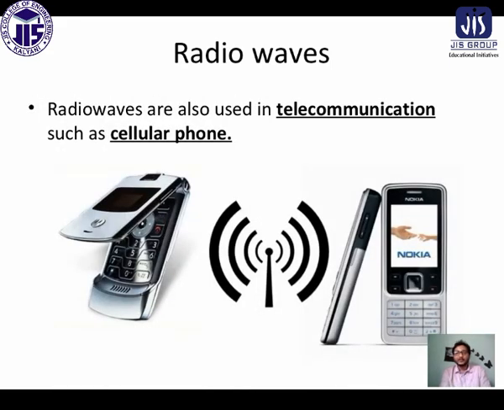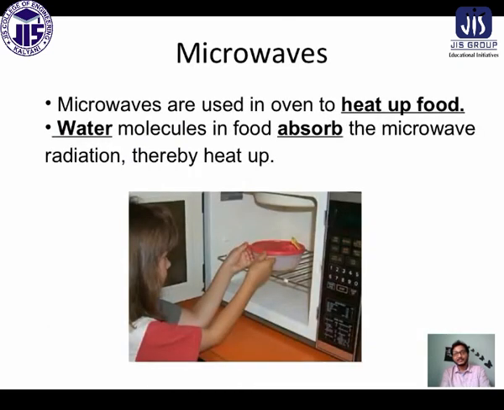Similarly, we are very familiar with mobile phones, and in this 21st century it's obviously a mobile era. So there are also electromagnetic waves in our cellular phone, basically in the telecommunication system. And the next is our microwave.